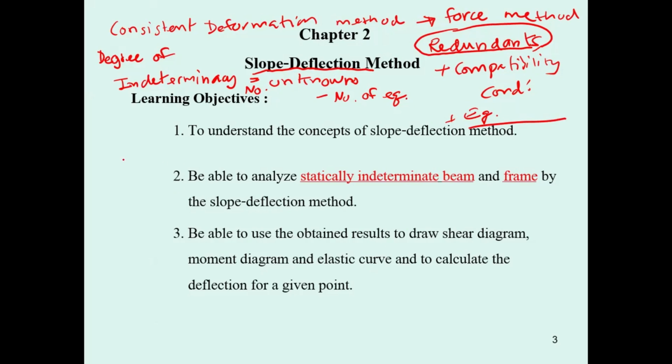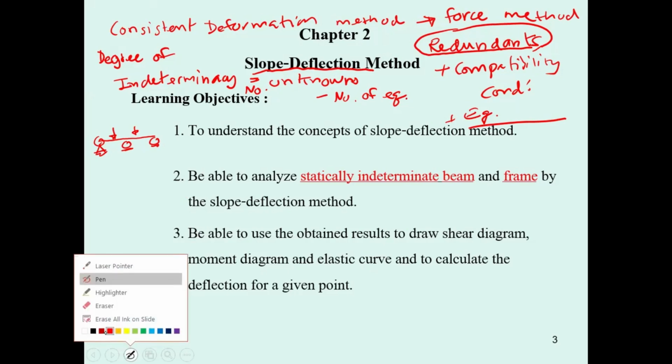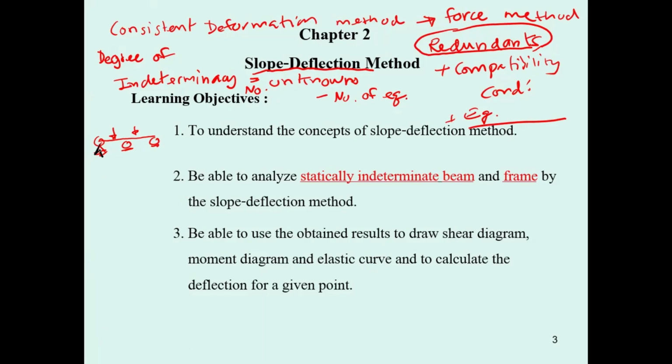For example, if you have a beam with a pin, roller and roller subjected to this kind of force, we determine the unknowns to be reactions 1, 2, 3, and then 4 unknowns.